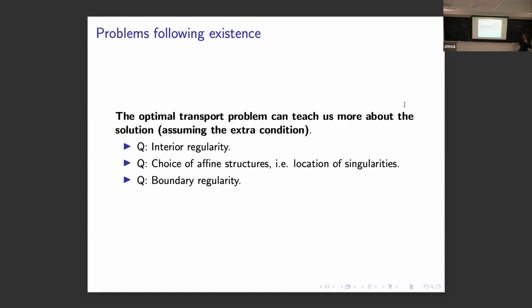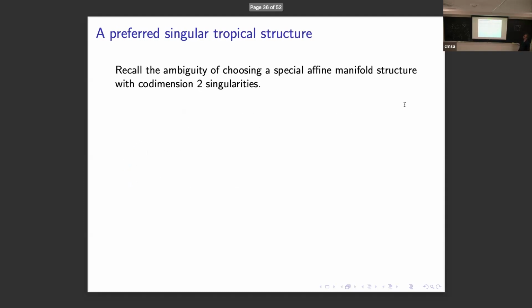So we use this optimal transport problem to say something about this. The first thing is related to the second point, this singular tropical structure. We have this ambiguity of precisely specifying this affine structure, choosing the location of these singularities.